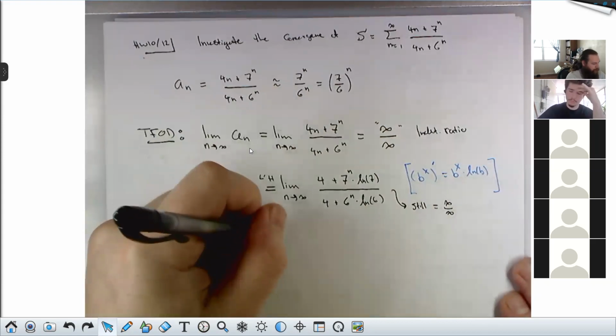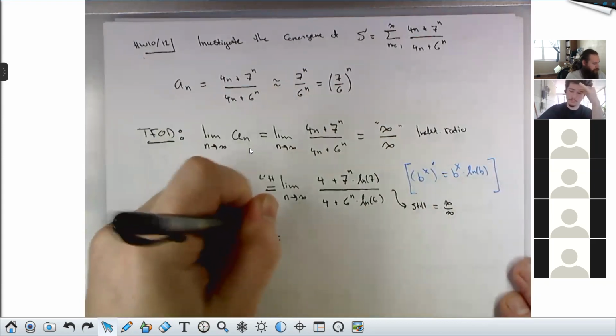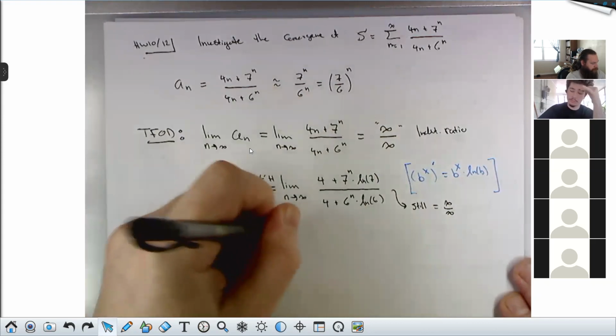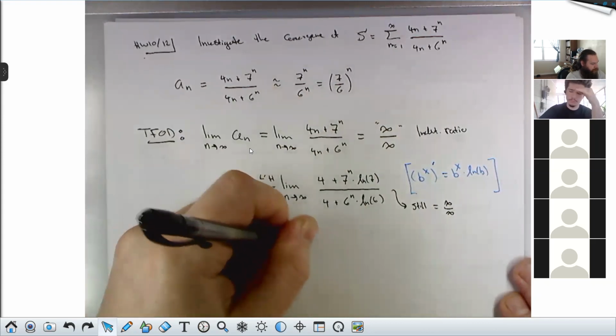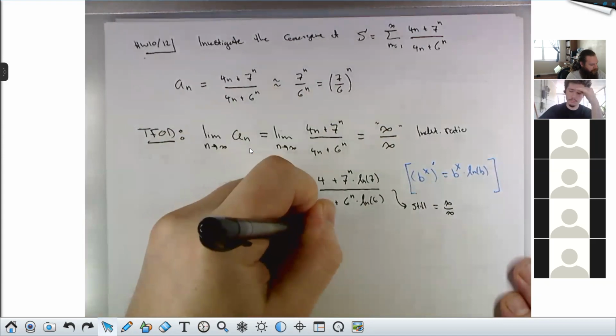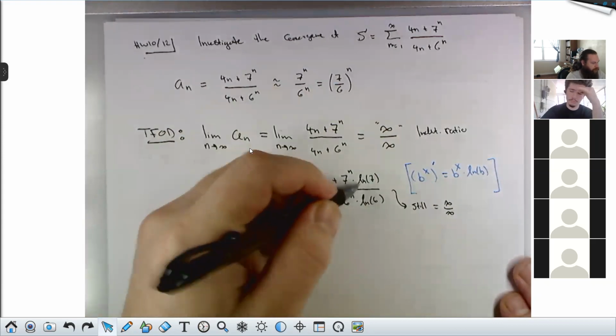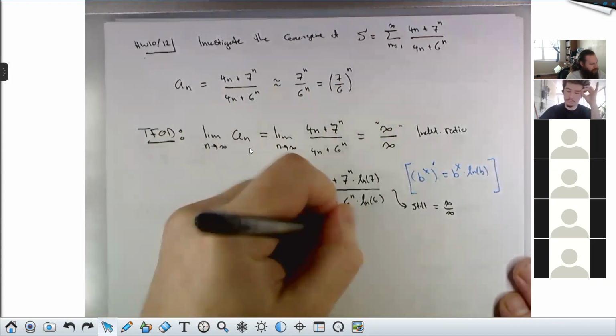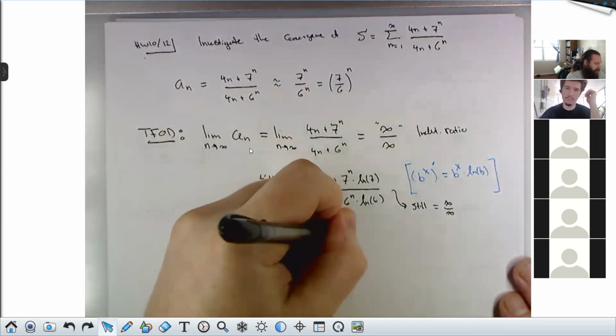But if I apply L'Hopital's rule one more time, the 4s go away. I'll get 7 to the n. Remember, natural log of 7 is a constant. So I'll just get another copy of ln 7.